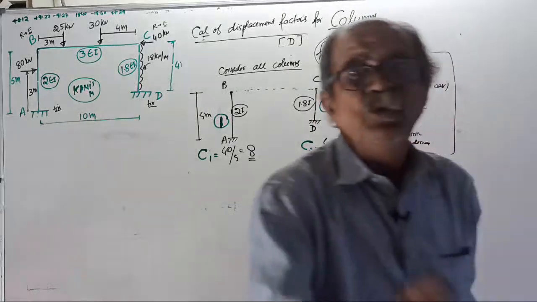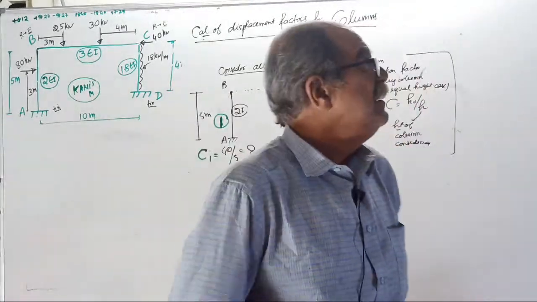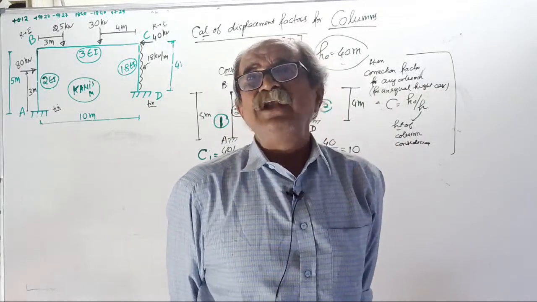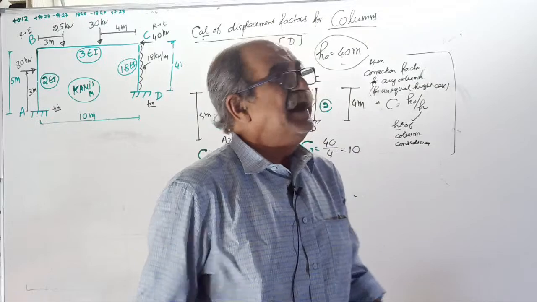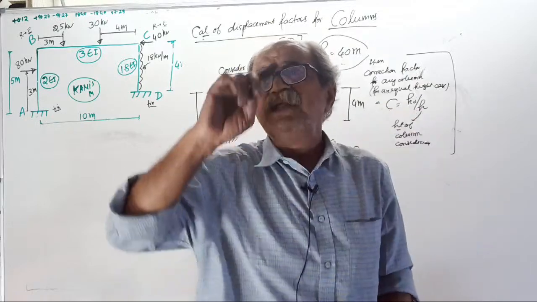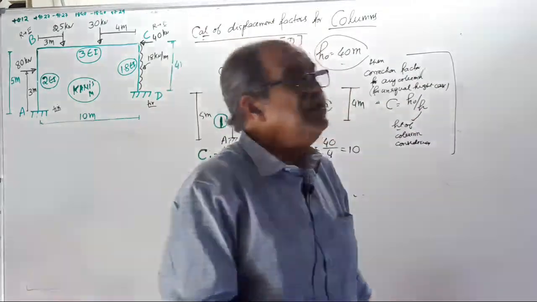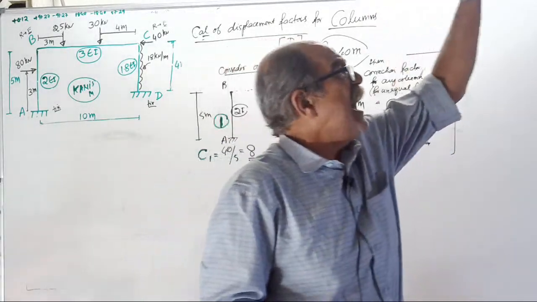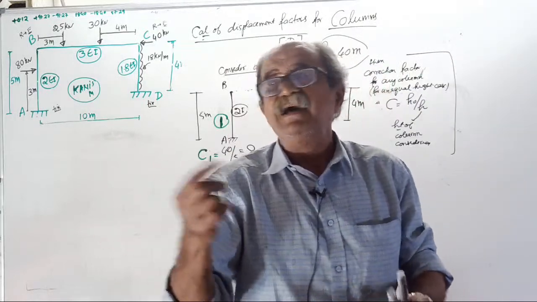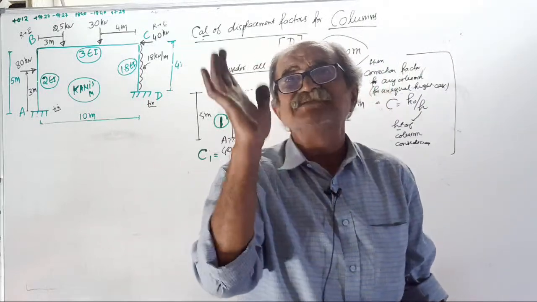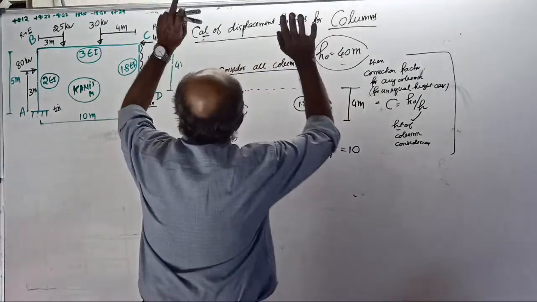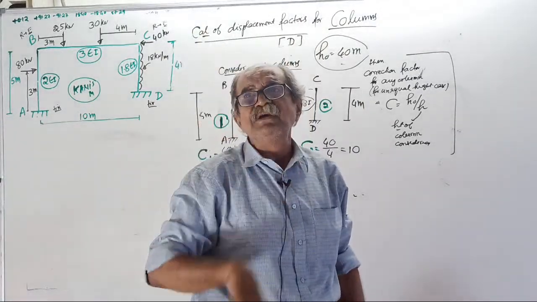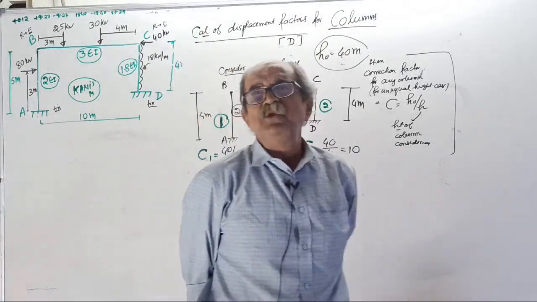I am not using that term here because if the far end is hinged, the base is there, you cannot take 3/4 I by L. There also you require I by L with one extra correction for the hinged end, and when you square it, one place it is as it is, one place it is squared, and one more correction of 2/3 is coming. Therefore, only for the displacement factor we will not use the term stiffness.